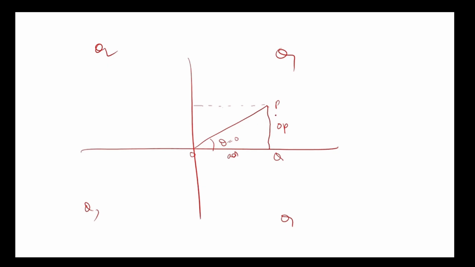Means the adjacent side is along the x-axis and the opposite side along the y-axis. The possibility of varying theta is from 0, and now extend that up to 90. So the angle is between 0 and 90, so in quadrant 1 the angle is in 0 to 90.